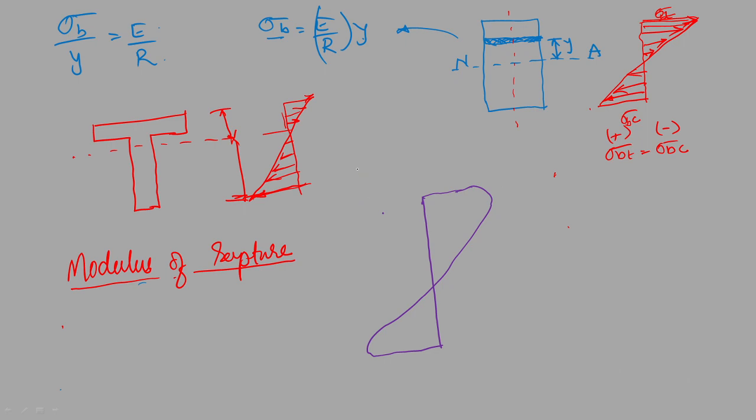Here, actually you need to get a maximum stress here, but because of the exceeded elastic limit you are getting a lesser stress. So this stress is the maximum bending stress.